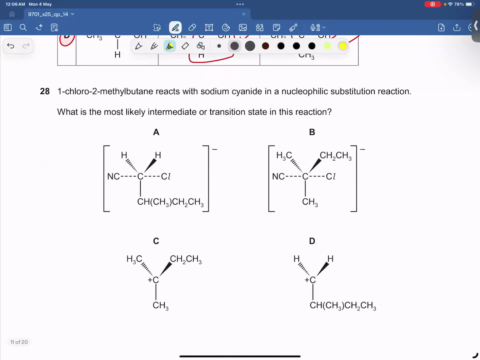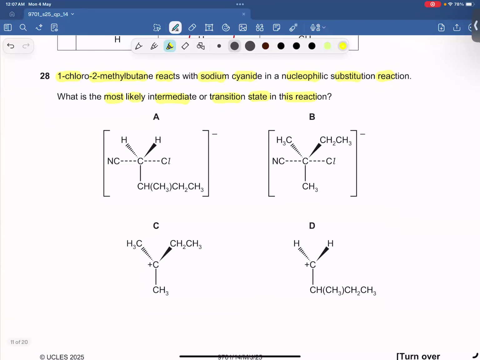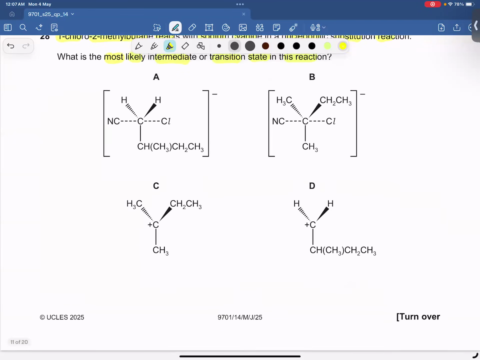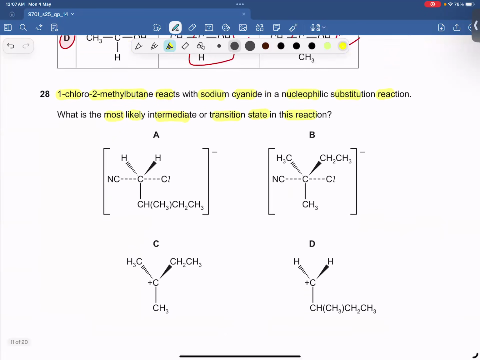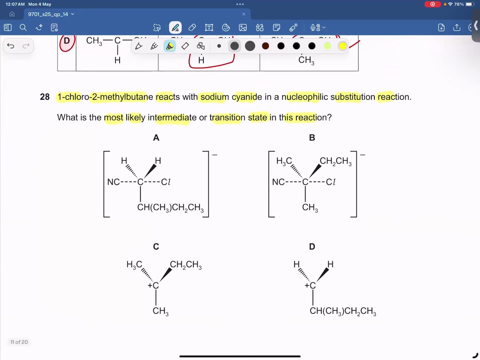Question 28. 1-chloro-2-methylbutane reacts with sodium cyanide in a nucleophilic substitution reaction. What is the most likely intermediate or transition state of this reaction? Cyanide is going to be the nucleophile, and it's going to replace this chloride.